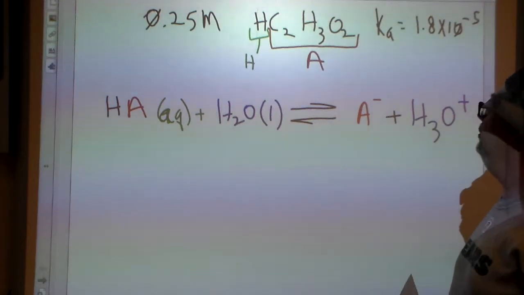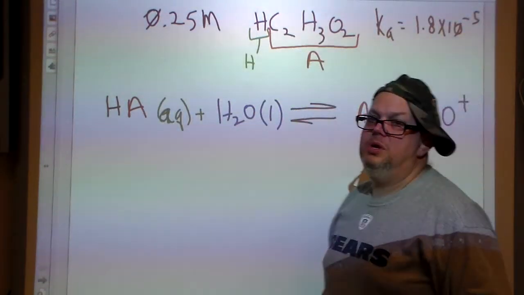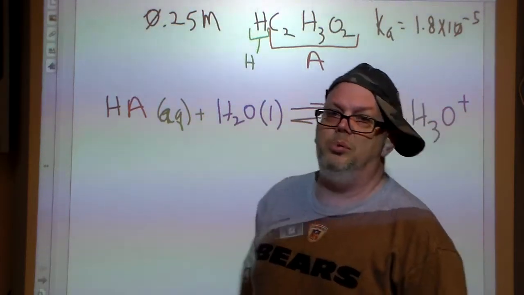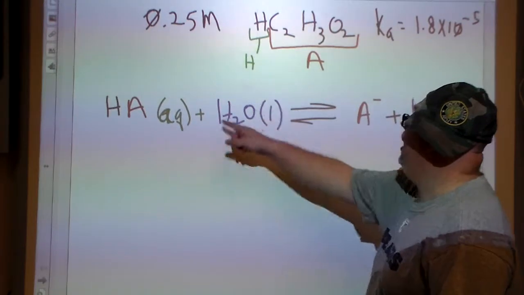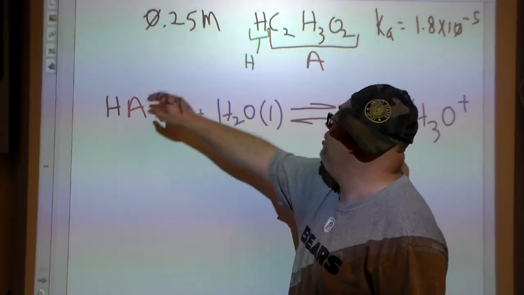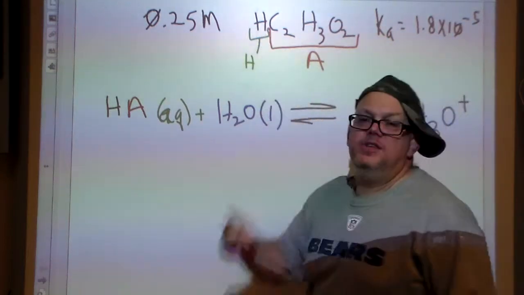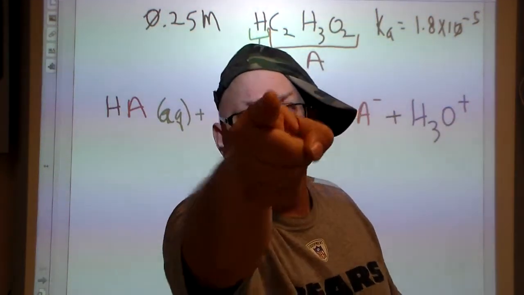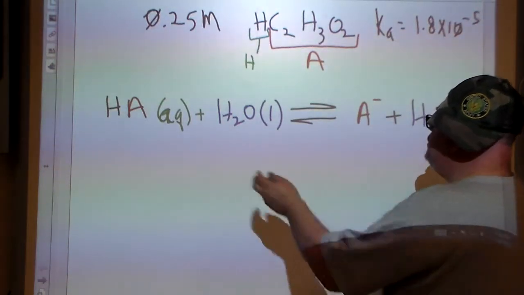That's the beautiful part: I didn't have to write out C2H3O2. That's what the experts do. They write it this way because they're not so interested in this part of the acid, they're interested in what's happening with that proton.